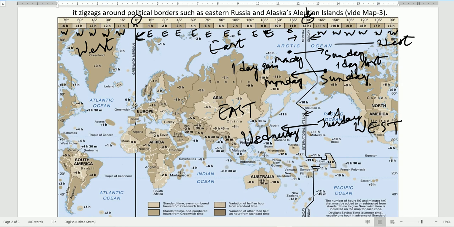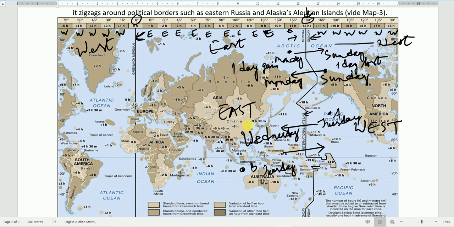In the other case, another person B is here, and he's enjoying Tuesday, and he is crossing the international dateline westward.